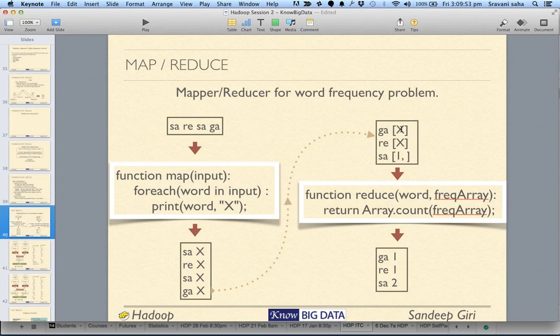That also will give you the same answer with array.count. Just to bring familiarity to this syntax or this mechanism, I'm making a little bit of changes.